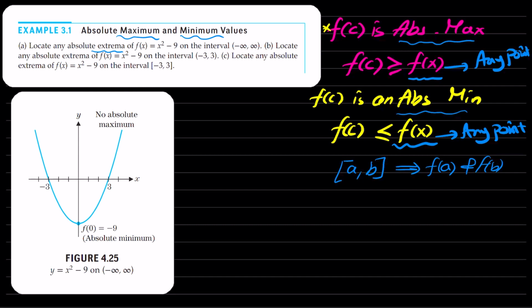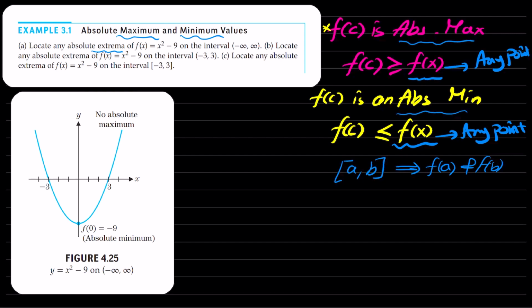Part B, locate any absolute extrema for the same function on the open interval -3 to 3. And part C, locate any absolute extrema for the same function on the closed interval -3 to 3.